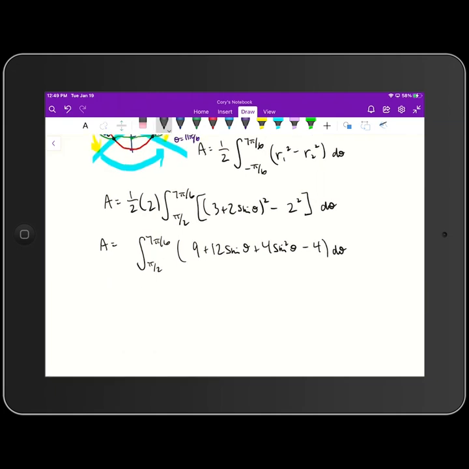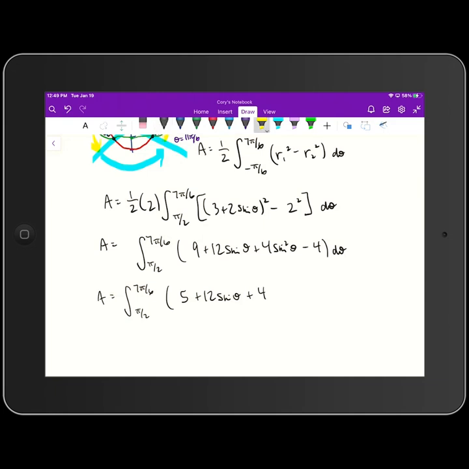So the area here is going to be the integral from pi over 2 to 7 pi over 6. I'm going to simplify: 9 minus 4 is going to be 5, plus 12 times the sine of theta, plus 4 sine squared of theta.